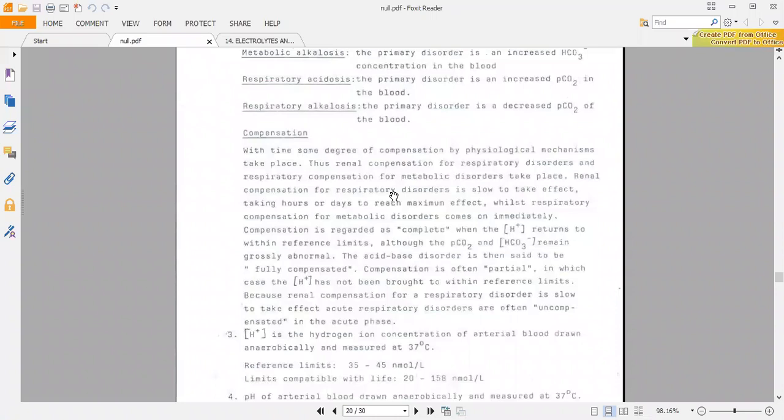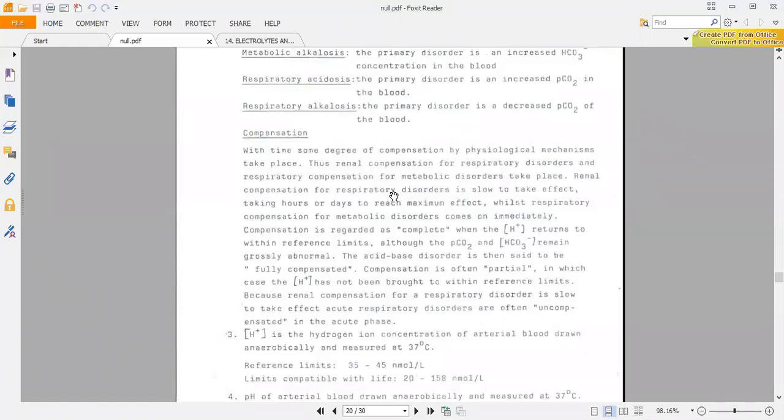Okay. Good. And I said that for the metabolic causes, the respiratory system starts the compensation, but that compensation is not complete. So later on, the kidneys will continue and complete the compensation. Okay.